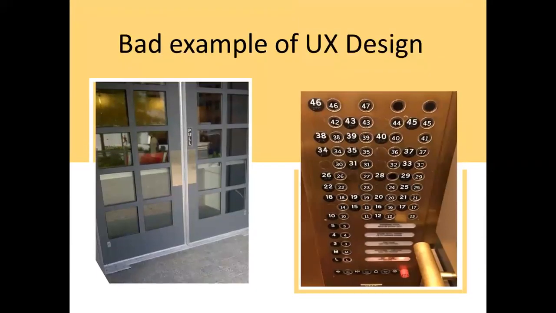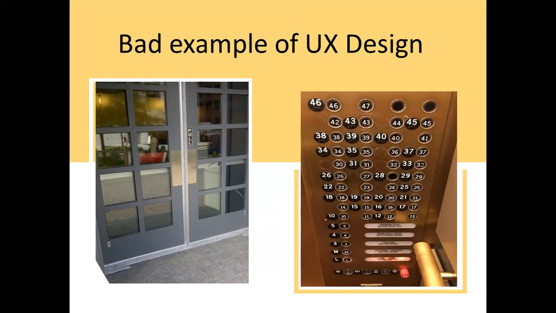Next. Here is the bad example of UX design. As shown in the first picture, it has a pull word in the middle of the door, and yet there isn't a handle to pull the door, right? It's like a sliding door, so it's not pull. You shouldn't put the pull there.